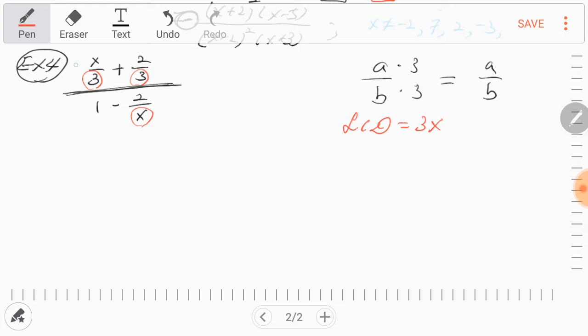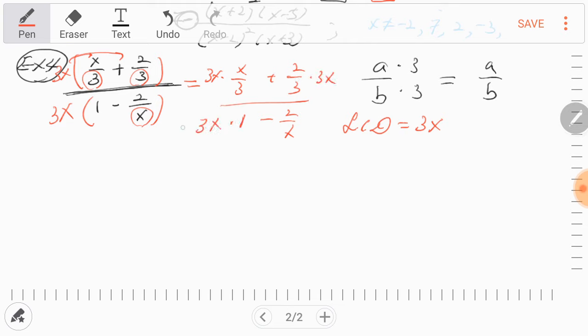So we're going to multiply the whole numerator by 3x, and the whole denominator by 3x, which means once we distribute, we multiply all these terms by what? 3x. So multiply this by 3x, multiply 2 over 3 by 3x, multiply 1 by 3x, and negative 2 over x by 3x.